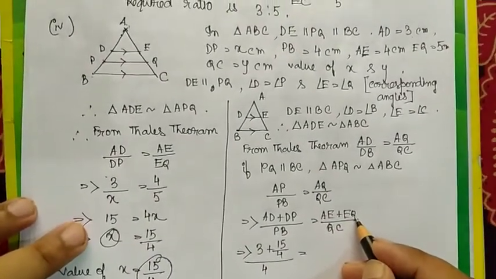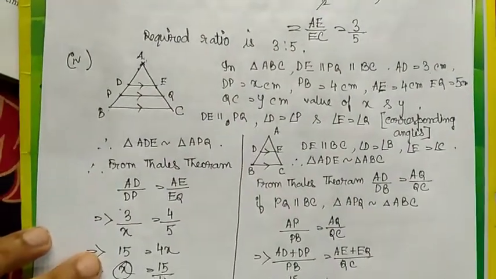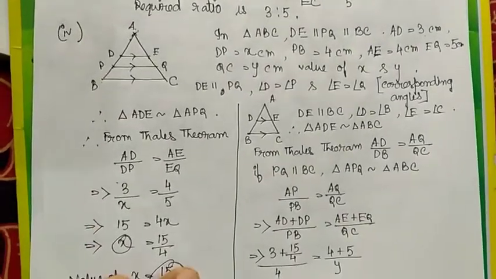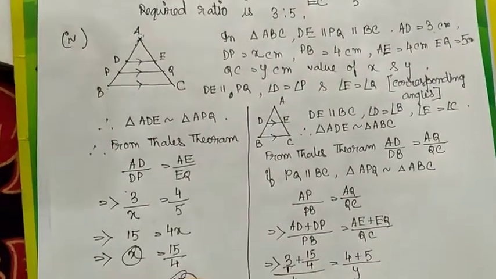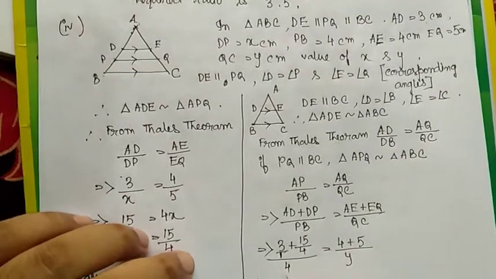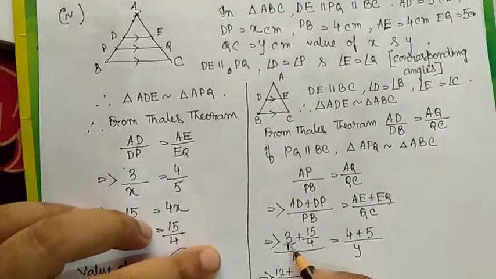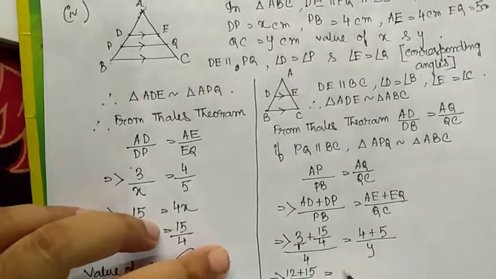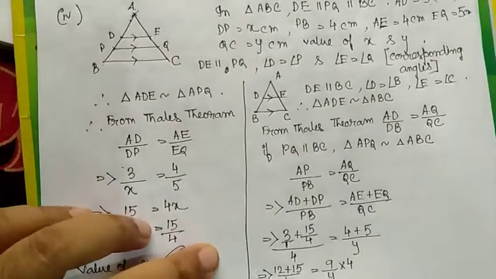AE means 4, EQ means 5, and QC means y. 3 plus 15 by 4, if this is 1, so 1 into 4, LCM is 4. 1 into 4, 4 times, so 4 into 3, 12 plus 15 equal to 4 plus 5 means 9 by y, and this 4 is multiplied here.